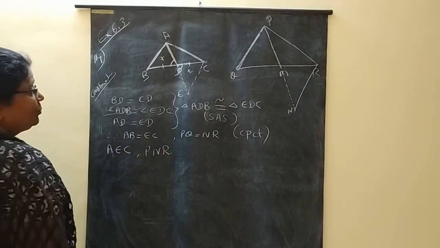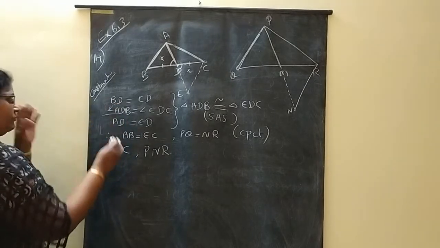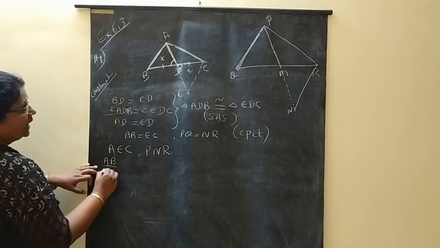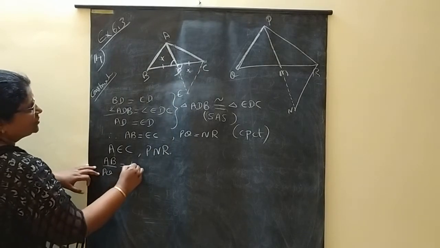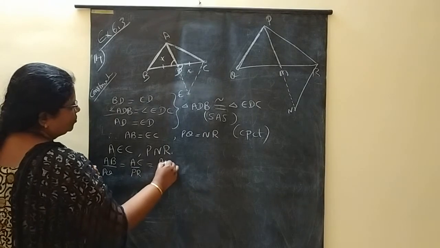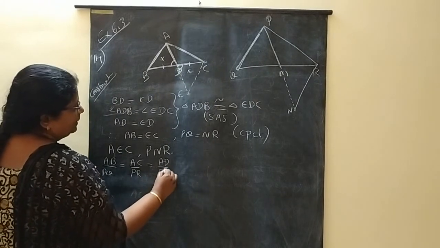For proving that they are similar, we are taking the given condition. What is given? AB by PQ is equal to AC by PR is equal to AD by PM.